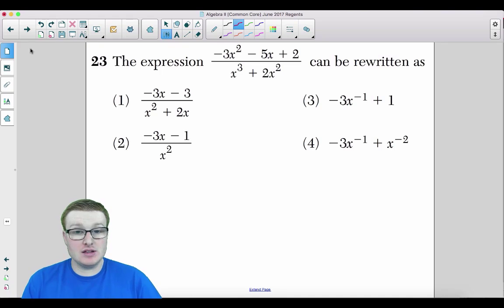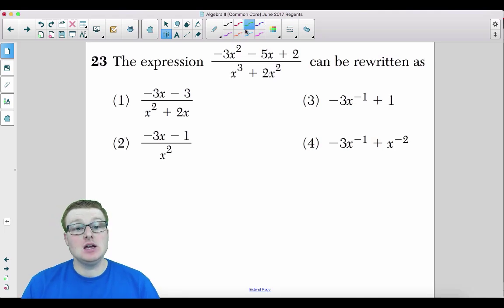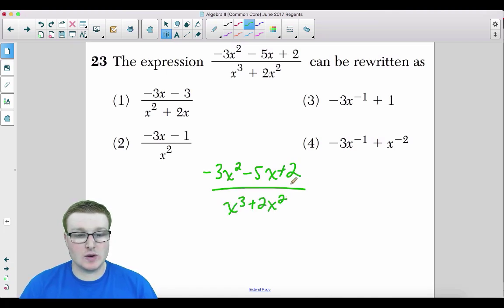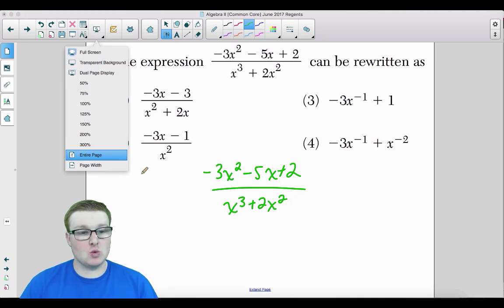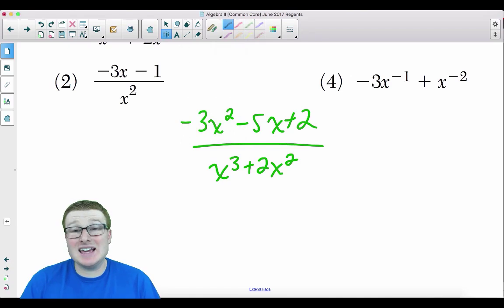Moving on to number 23, the expression can be rewritten as what? So you need to simplify this as much as possible. What I'm going to do is take negative 3x squared minus 5x plus 2 and divide it by x to the third plus 2x squared. So what we need to do is simplify the top by, again, AC factoring.